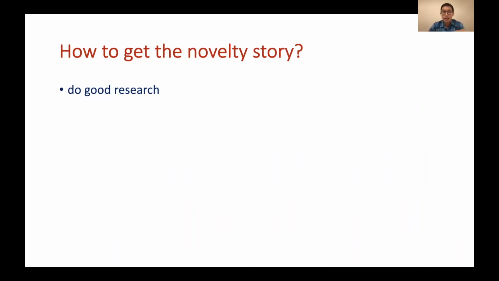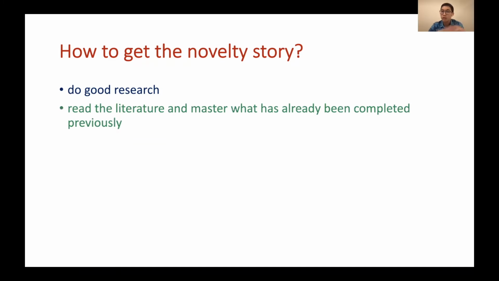The second one, you have to read papers, literature reviews, or publications in your field to see whether this thing has already been done before. It takes time, so you have to read a lot of papers.